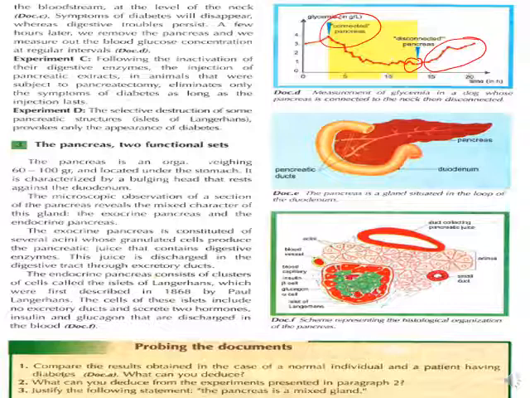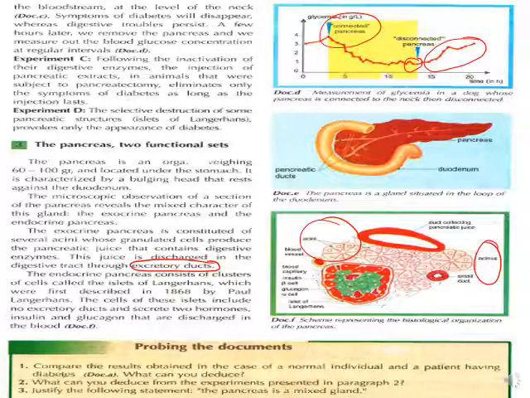The exocrine pancreas is constituted of several acini whose granulated cells produce the pancreatic juice that contains digestive enzymes. This juice is discharged in the digestive tract through special excretory ducts.